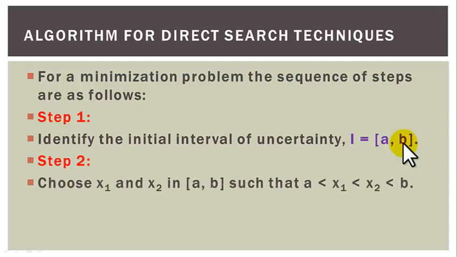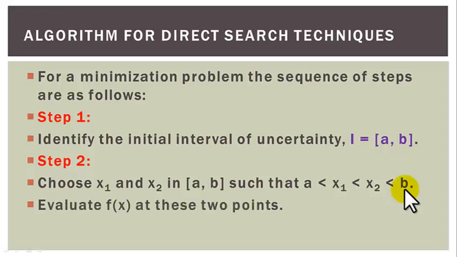Choose 2 points, x1 and x2, in the interval AB, such that A is strictly less than x1, x1 is strictly less than x2, and x2 is strictly less than B. Then evaluate the value of the function f(x) at these 2 points.